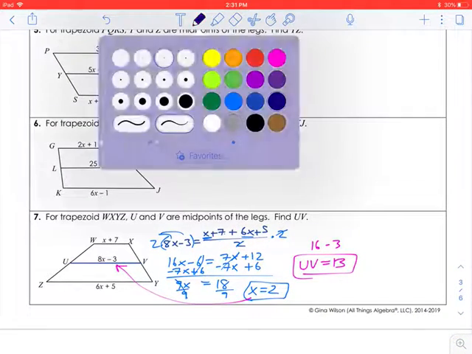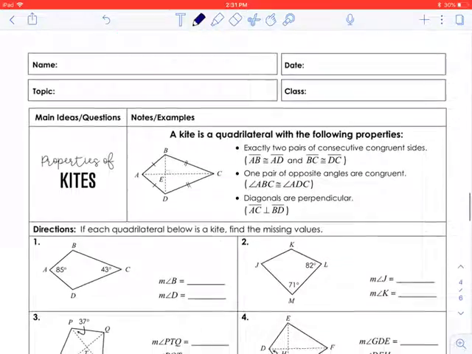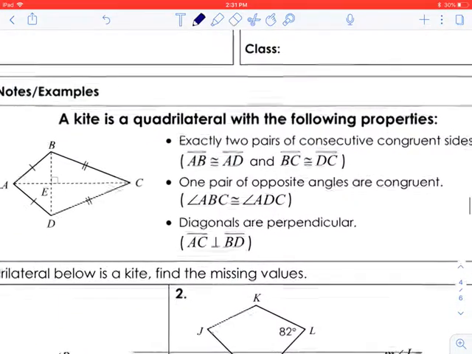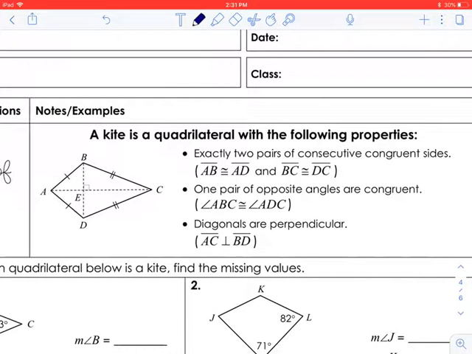And then finally, the last thing we need to talk about is kites. A kite has, first of all, 2 pairs of consecutive congruent sides. So like these two sides are right next to each other, and they're equal, as are these 2 sides, which makes a kite.